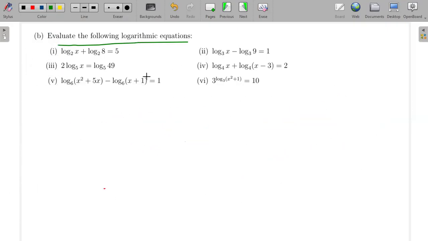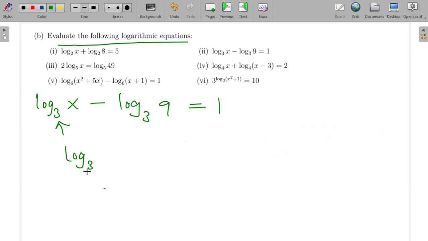The second one, we have log base 3 of x minus log base 3 of 9 is equal to 1. The laws of logarithms state that if I'm subtracting two logs of the same base, I just write one log to that same base and divide whatever is in front. So this will be log base 3 of x over 9 is equal to 1.